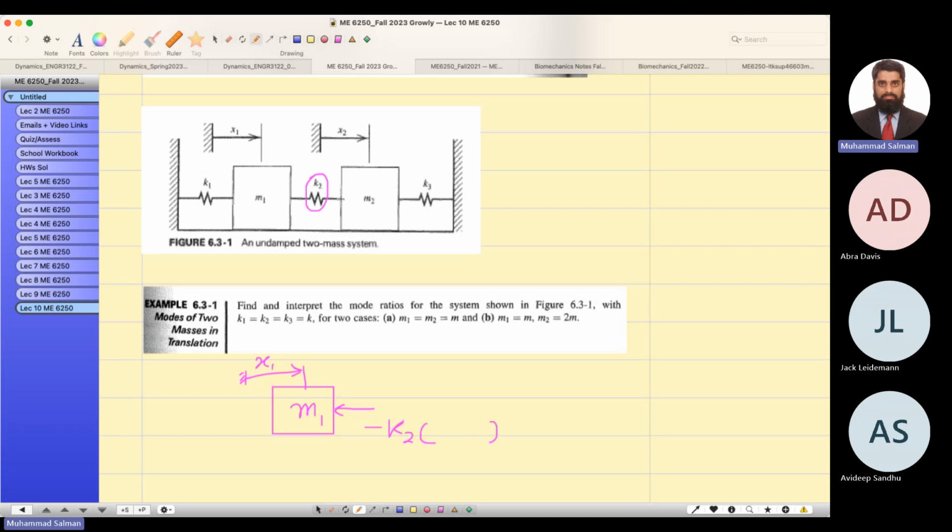Remember, you have to consider both end motions. X1 will come first. The degree of freedom of this mass will be written first, and subtract the other end motion to be consistent.